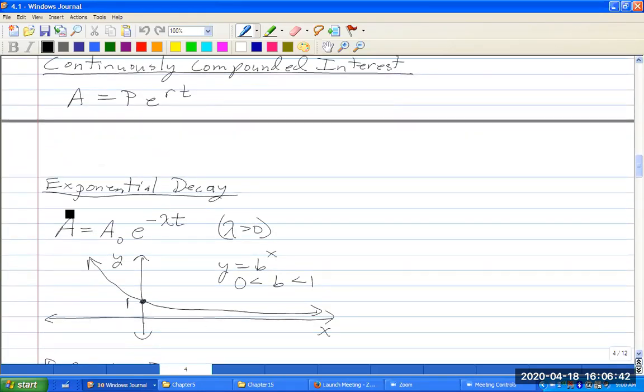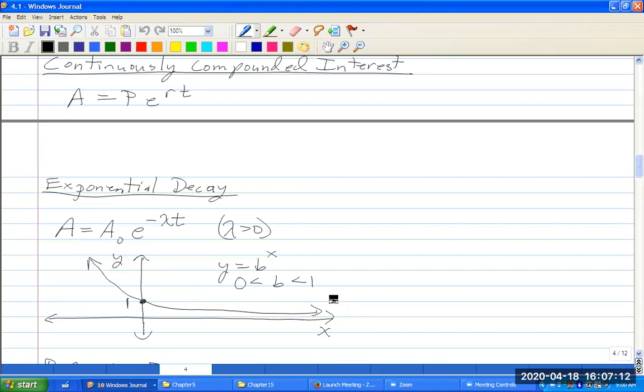Exponential decay. A equals A sub 0 e to the minus lambda t, where lambda here is greater than 0, called the decay constant. So if I have y equaling b to the x, let's say, where b is between 0 and 1, then it exhibits exponential decay.